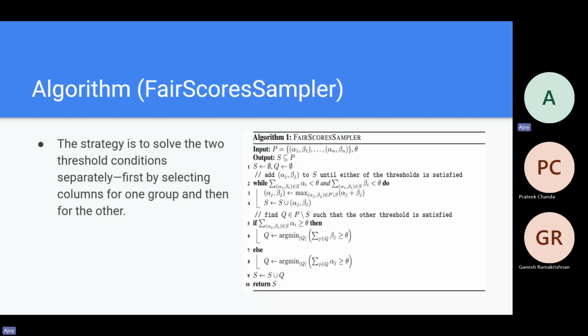How many columns should we select such that our threshold is reached? So it can be tuned also. How many columns should we select such that the reconstruction is better? In that sense, we are designing a leverage score. So the leverage score is being thresholded.